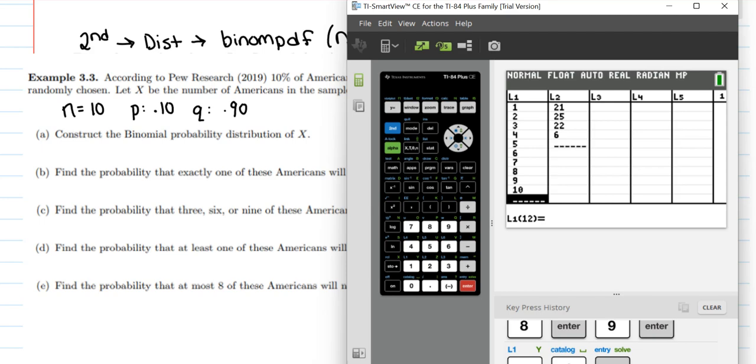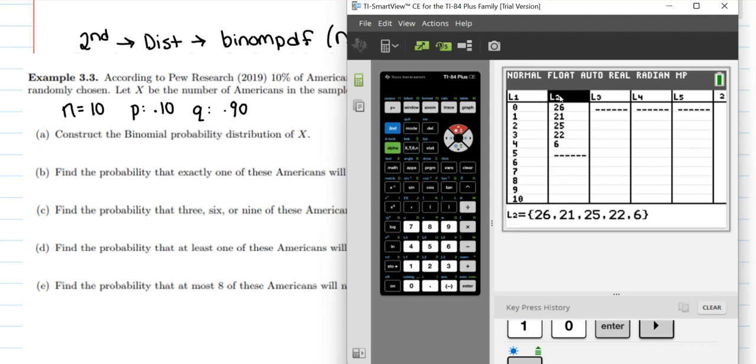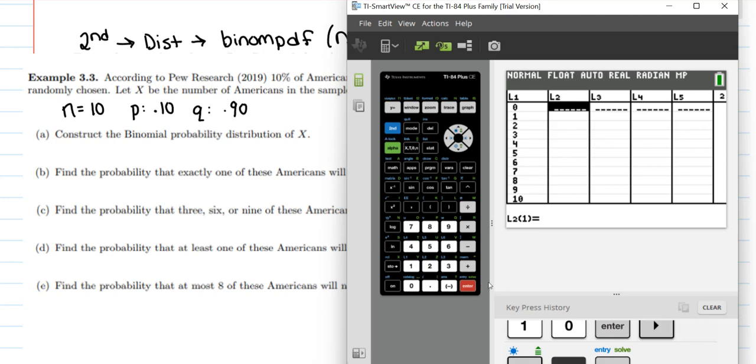All right, once you get the X values in list 1, go over to list 2. Go to the top where L2 is highlighted and hit clear, enter. Go back up to L2. So this is the key here to getting us everything. So go back up to L2, and then you're going to go to your binomial distribution.